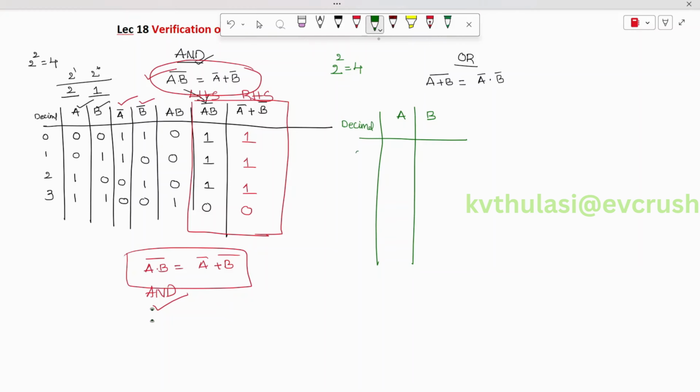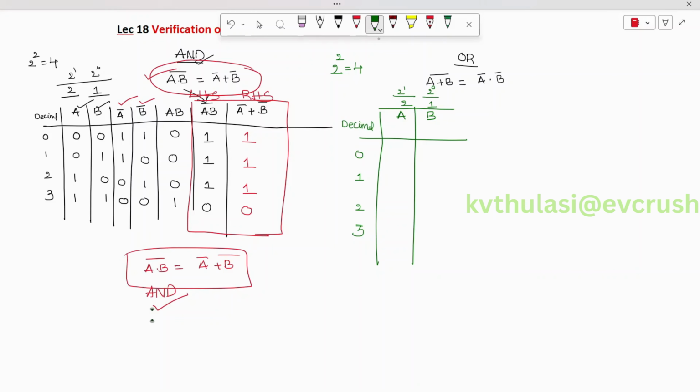I am writing this as 0, 1, 2 as well as 3. These are nothing but 2 to the power 0 value and 2 to the power 1 value. 2 to the power 0 is how much? 1. 2 to the power 1 is how much? 2. So we have to express this decimal in terms of BCD.